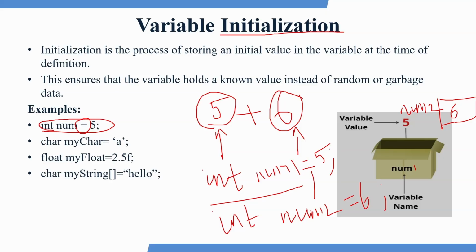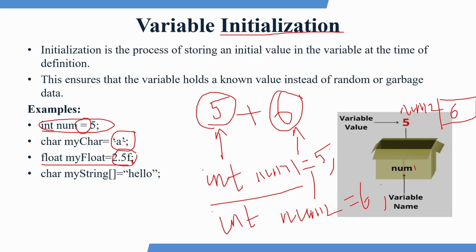Suppose you are initializing a character type value, make a note that we need to initialize character values within single quotes. If you want to initialize a float type value, it should be followed by the symbol f, because by default in C the default data type is double, not float.